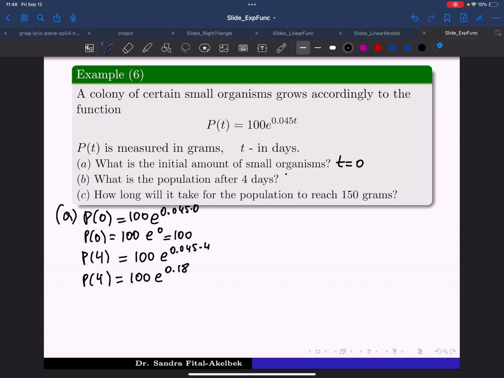Then we can type on the calculator. P at 4 is 100 times 1.197217, and times 100, P at 4 is 119.72 grams.